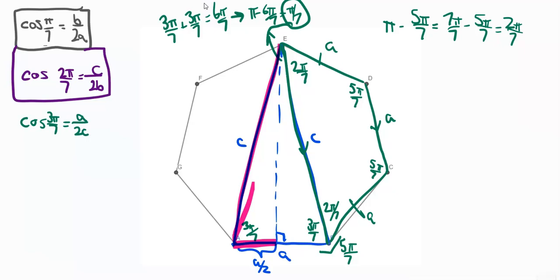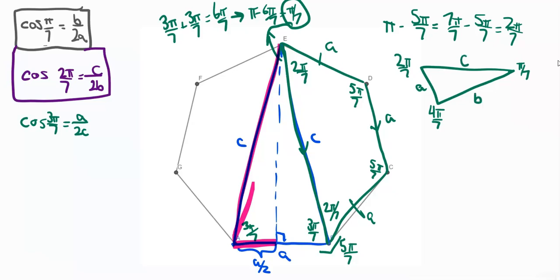But remember, the heptagonal triangle has pi over 7, 2 pi over 7, and 4 pi over 7 as the angle measurements there. The question is, how do we get 4 pi over 7 from 3 pi over 7?